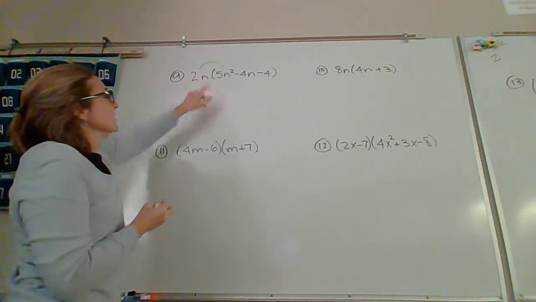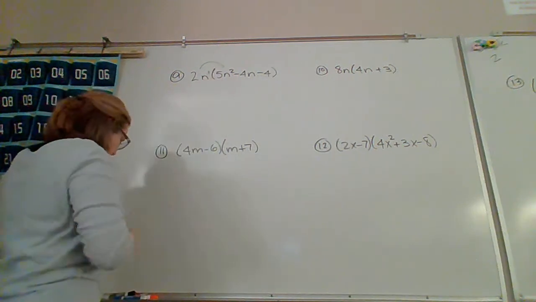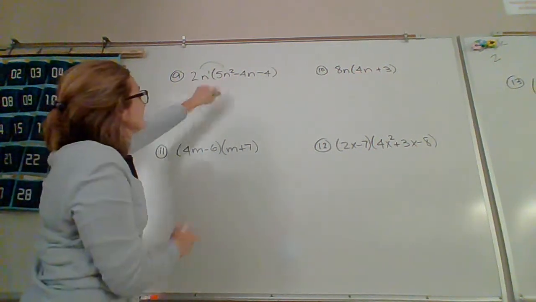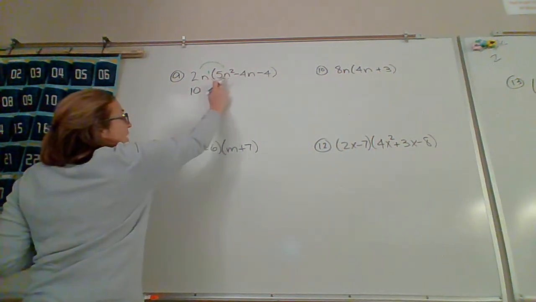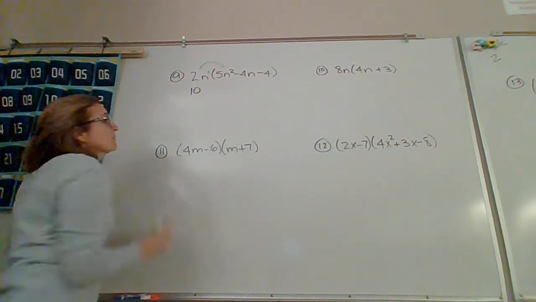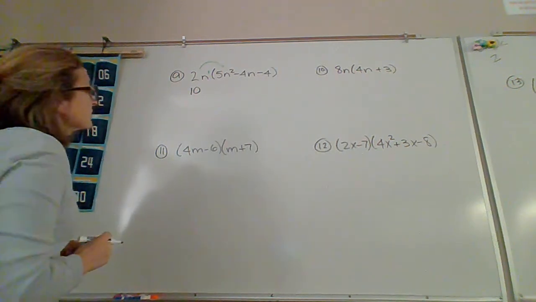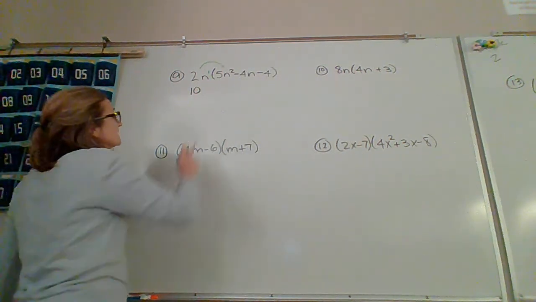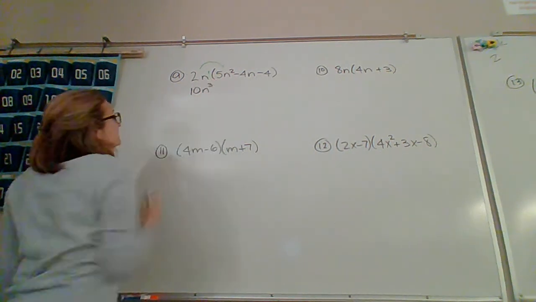Remember, the n outside the parentheses has a power of 1. And we're going to be multiplying our 5 and our 2 to get 10. And n to the first power times n to the second power. Remember, when you multiply variables with powers, you add those exponents together. So you add the 1 and the 2 for a new exponent of n to the third.